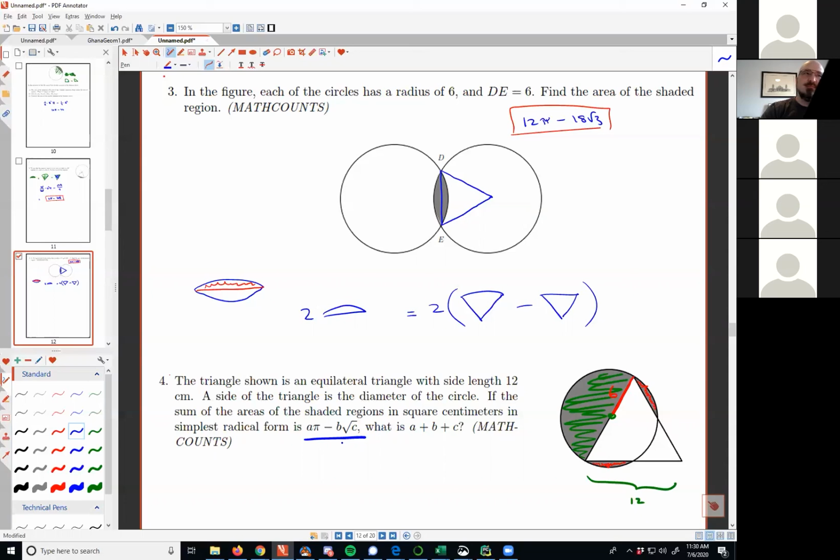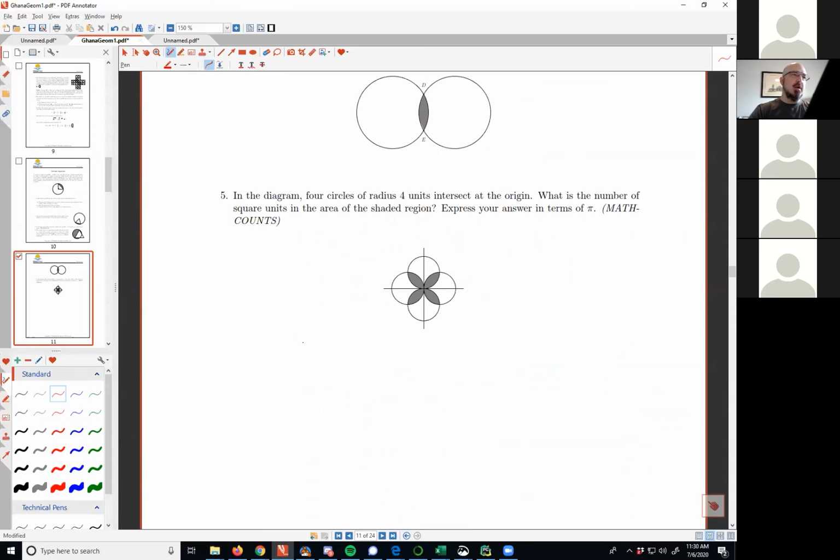So when we add that to 12 pi minus 18 root 3, we get 30 pi minus 18 root 3. Yeah, we just add this to our answer to the previous problem, and that's what we've got. Even though the segments are not arranged in the same way, they are the same segments. Good. Now one more here. 51. That's right.